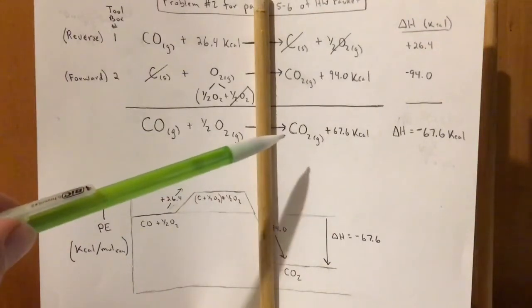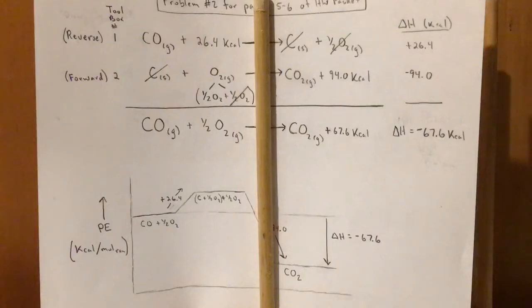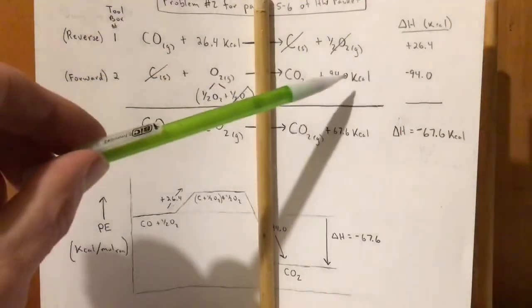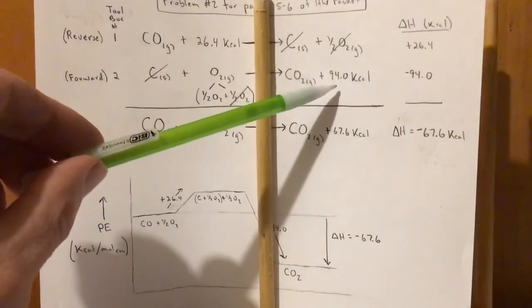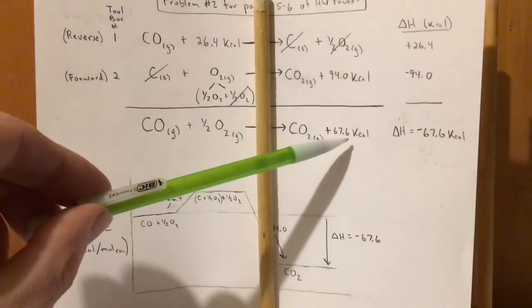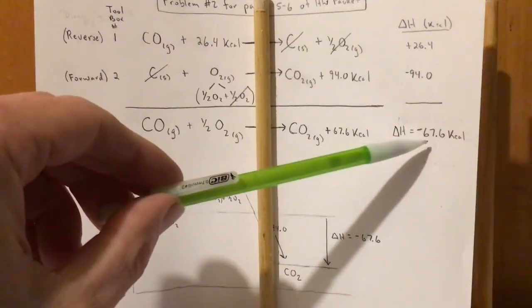So if you get a match between the elements and compounds, then you know, even if it's not the exact path, it's a viable path that will give you the same amount of energy. So looking at that, in equation 1, I absorb 26.4, in equation 2, I released 94.0. So I have a net loss in energy of 67.6, reflected by delta H being negative 67.6.